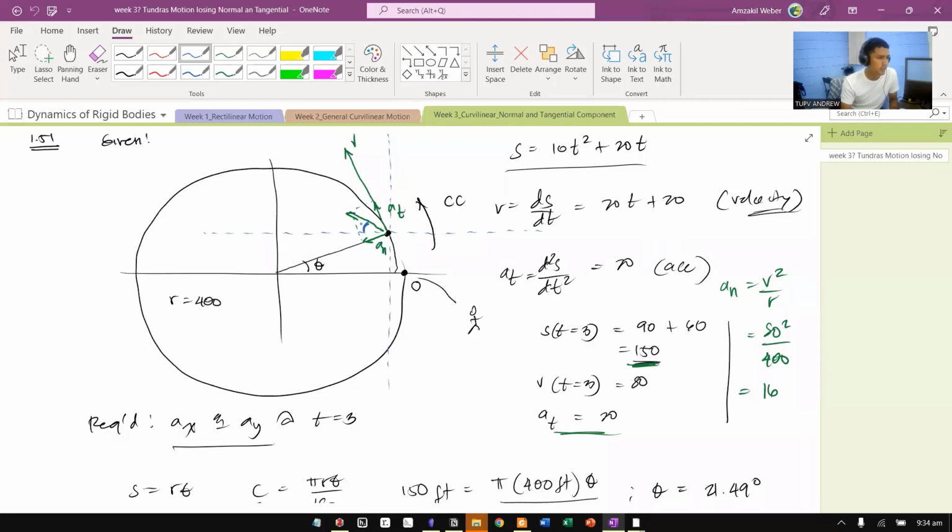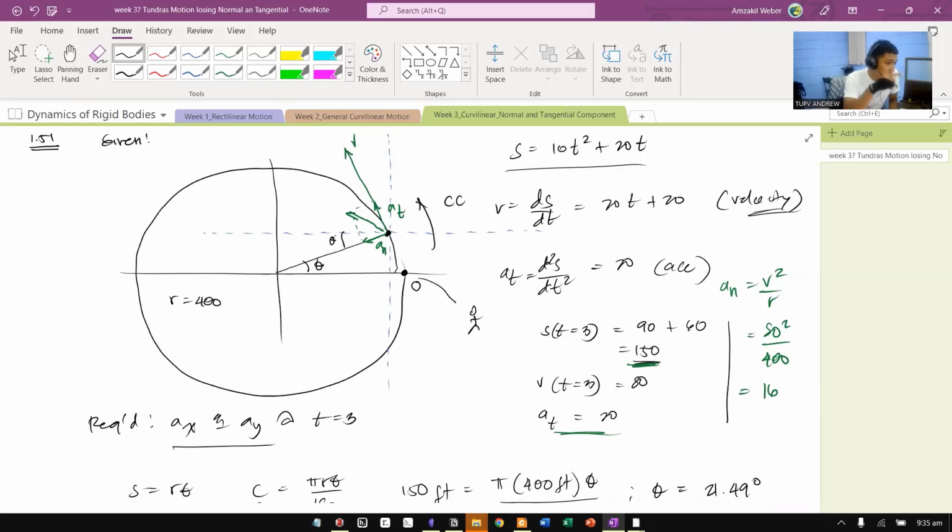Or you can skip the resultant acceleration and go directly to AX and AY. So let's project the data on the geometry. We now have a reference for the normal.